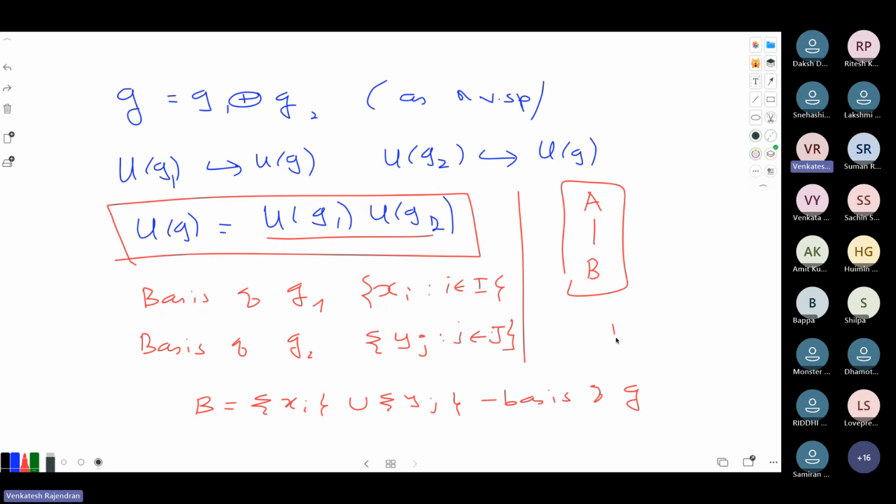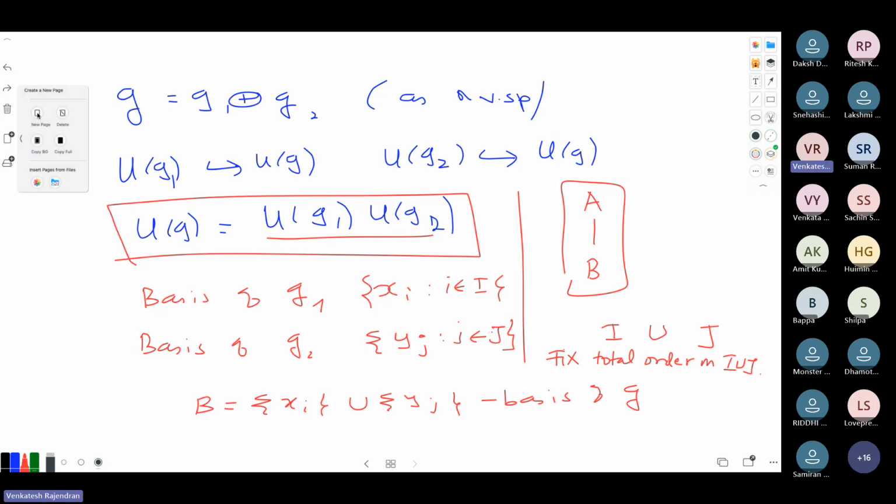You can have a total order on I union J, and if you restrict to I and to J, that will again be a total order on I and J respectively. So now you fix this total order on I union J. Now you can write down the PBW basis.